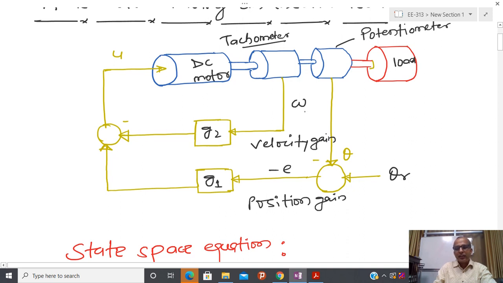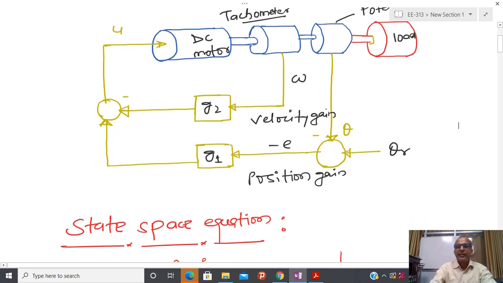In this course, most of the time I have talked about the state space representation, which I get using either first principles, meaning energy balance, or the Lagrangian method. We have already seen that for this particular system we have this kind of mathematical model.